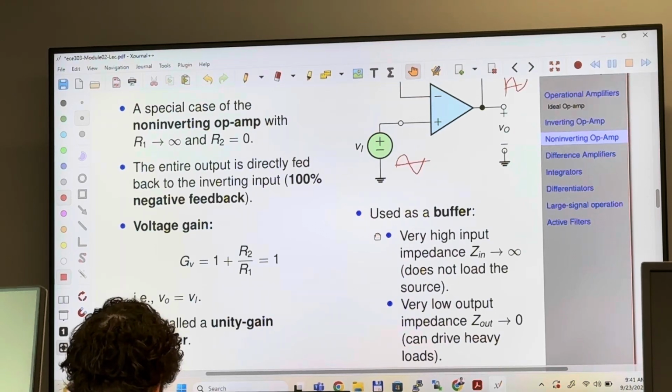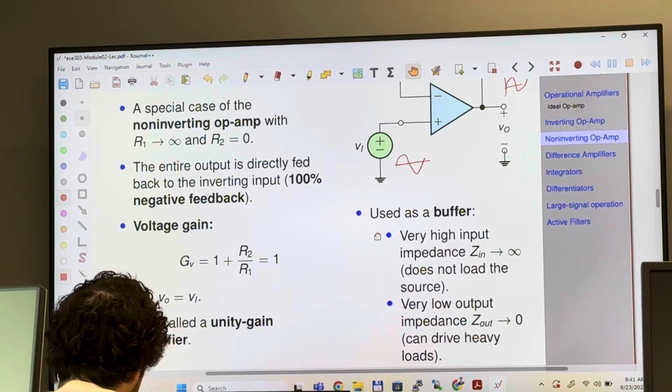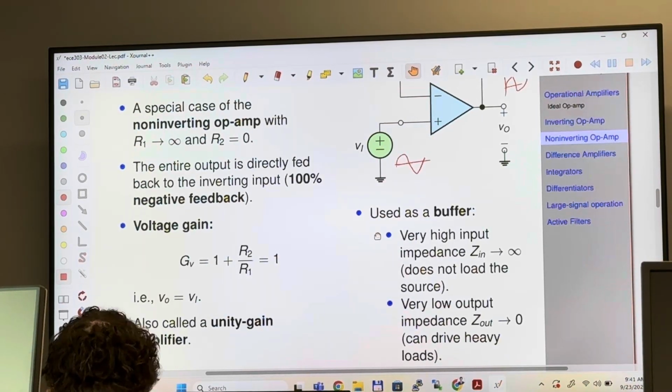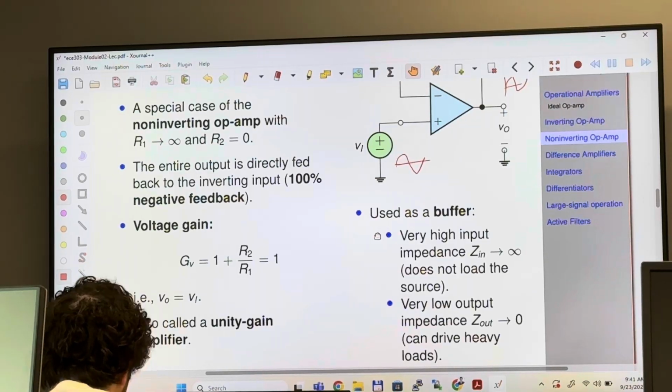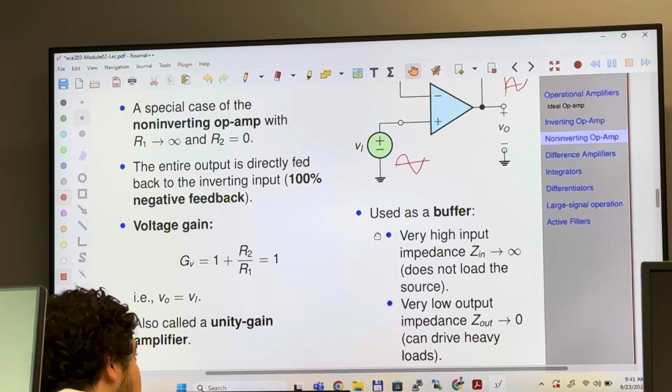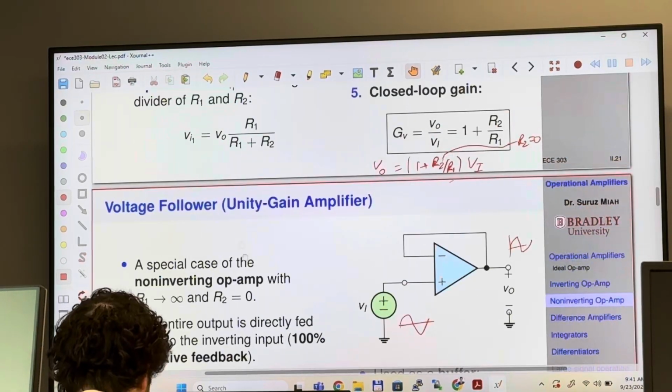Immediately what I do, I put a DC power supply and then apply a sinusoidal signal as the input, and I see the output. If I see the output in channel 2 and the input in channel 1, and they are on top of each other, that means the op amp is working. So this is a simple way to check an op amp, a unity gain amplifier or voltage follower.